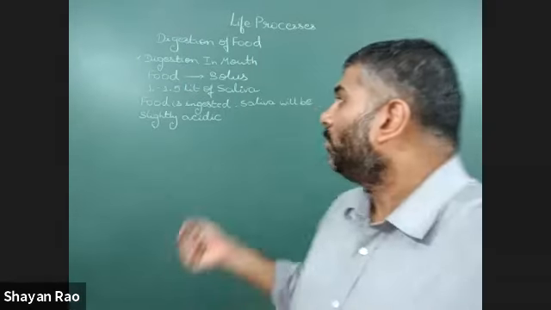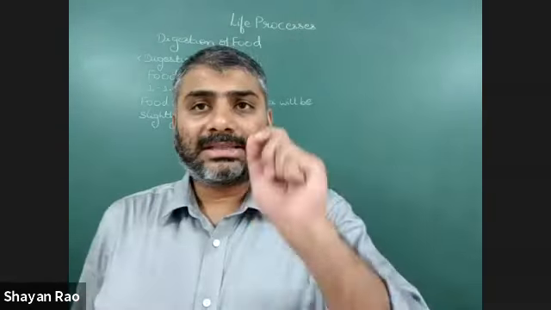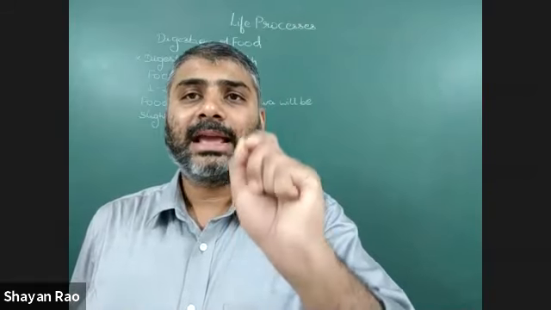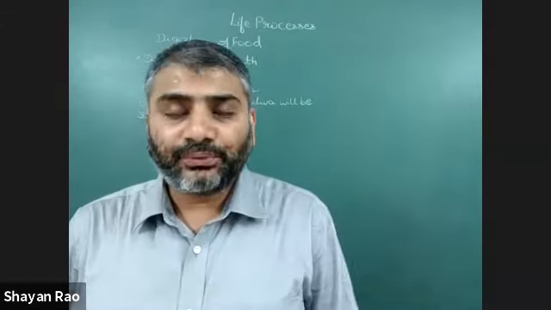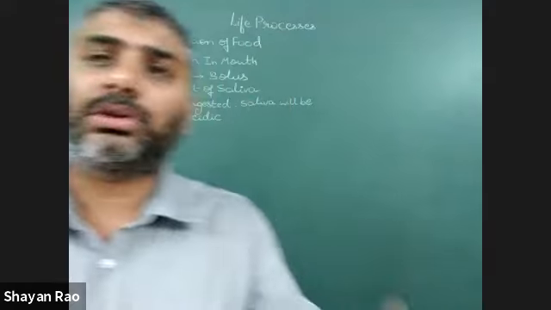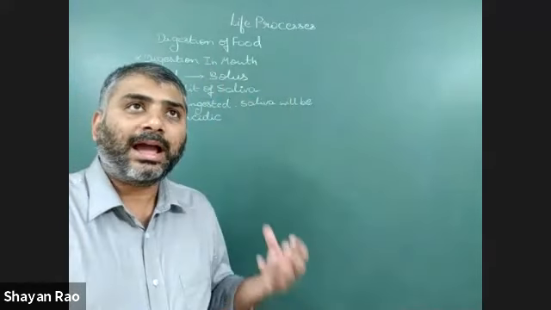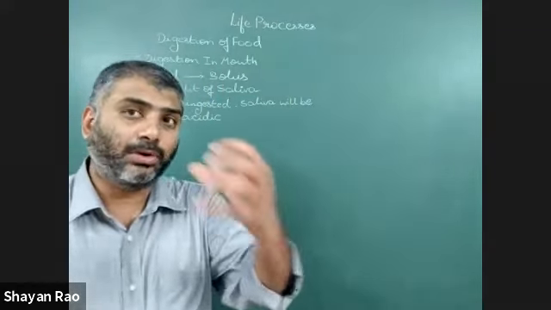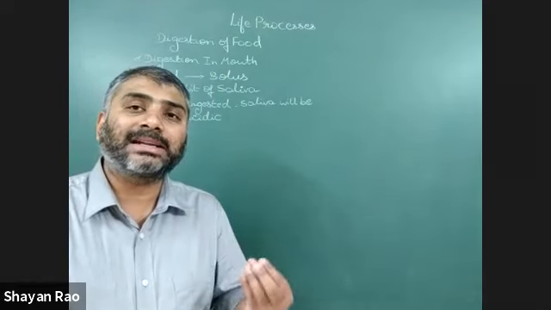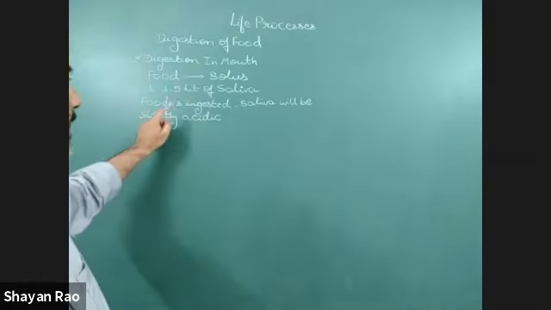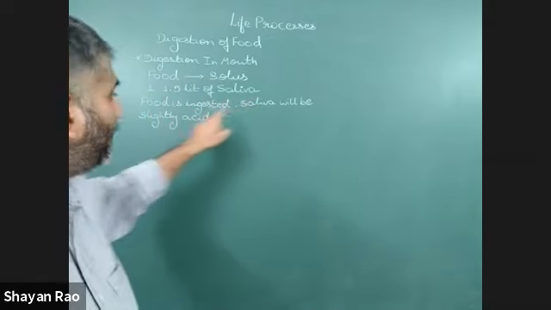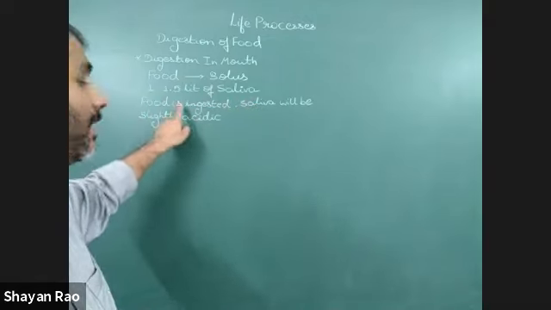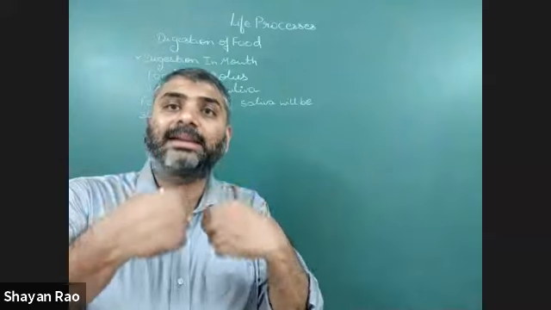So why does it have to become acidic? Because saliva also has enzymes in it. If the enzymes have to act on the food, the enzymes require an acidic medium. For that reason, saliva will be slightly acidic only when the food is taken inside.